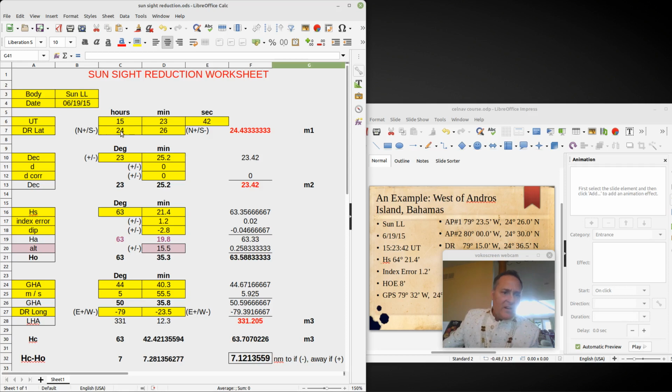Actually, let's go here first. Let's fill in another piece of information that we already know, and that's the sextant reading. The sextant height is 63 21.4, and that comes from this slide over here.